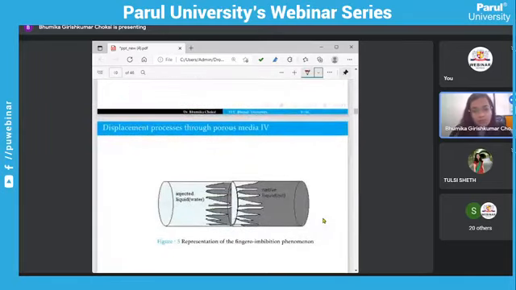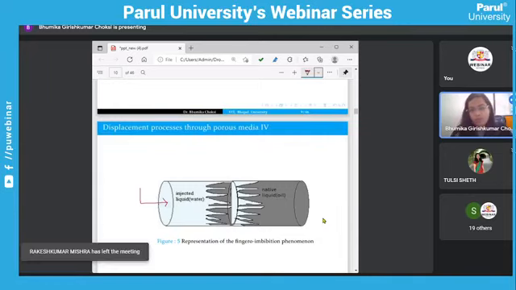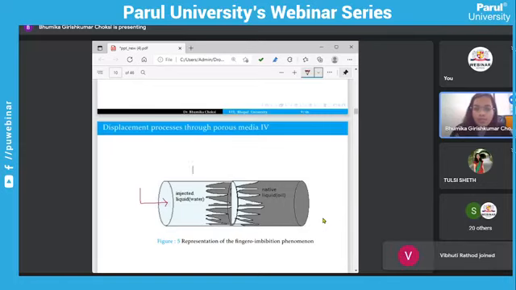like this. Suppose I'm injecting, this is a schematic representation. Suppose I'm injecting water from the left hand side in the oil reservoir. This is the full oil reservoir. So water will try to enter into the oil region, and in the counter effect, oil will try to enter the water region. So the left hand side is the water region, and this is your oil region, the native oil region.